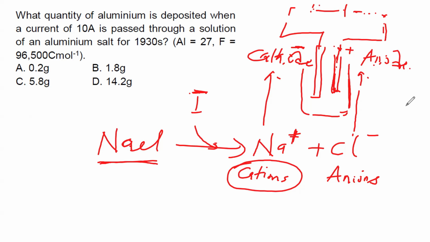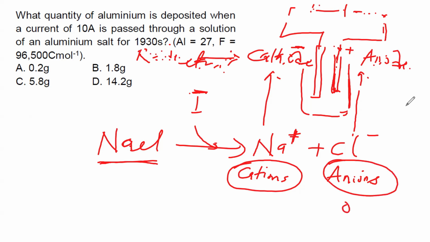So they lose electrons. That is why, ladies and gentlemen, usually oxidation takes place at the anode, while reduction takes place at the cathode. Oxidation takes place at the anode because the anions, which are negatively charged, go there and lose their electrons.